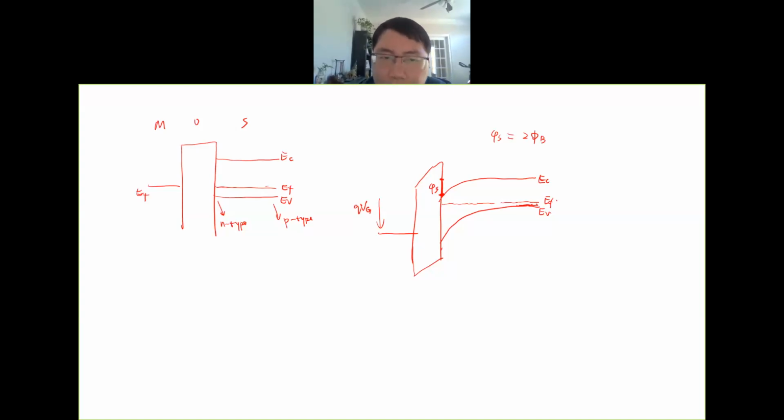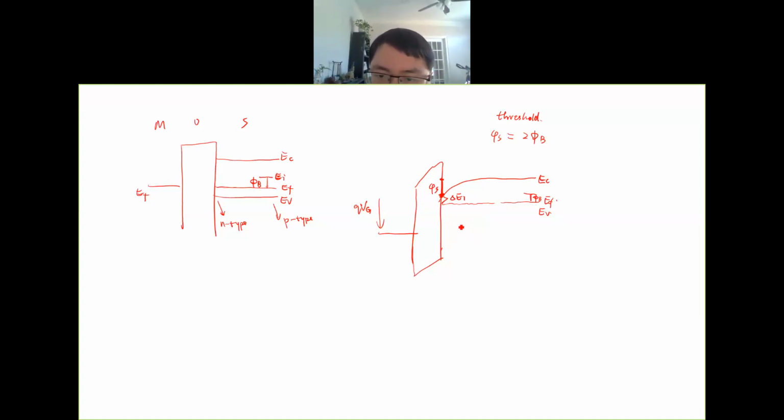So what is phi_b? Phi_b is the distance between the intrinsic Fermi level and the EF. So this is phi_b. When you reach the threshold condition, then phi_s equals 2 phi_b. Or in other words, if you look at the distance, this is delta E1, and here we have delta E2.